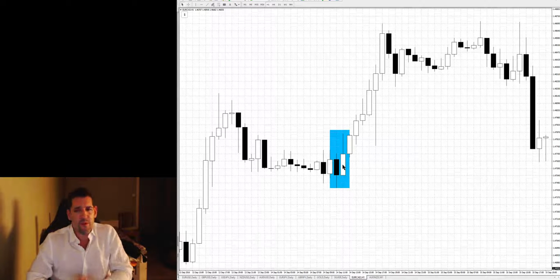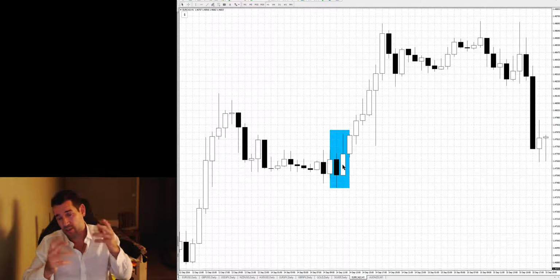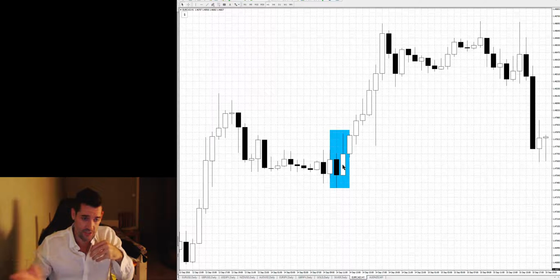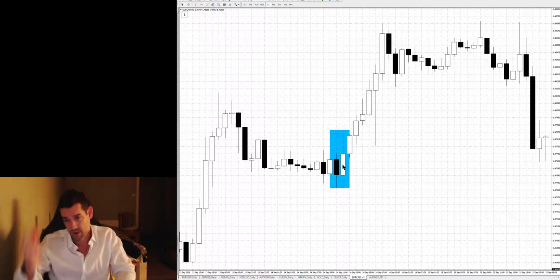The engulfing formation is, for me, very similar in its use compared to the pin bar, but it shows the power in the inverse way. Meaning, when the pin bar shows its power through rejection, the engulfing pattern shows its power by showing the direction of the power, right?